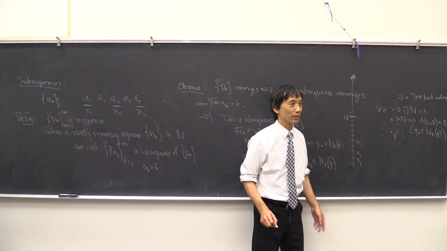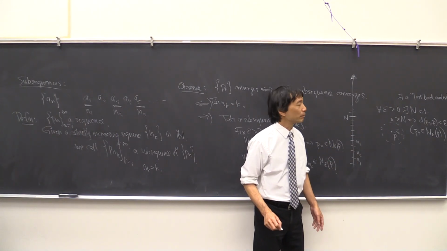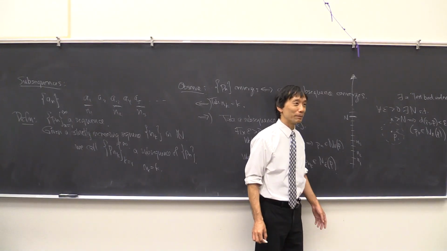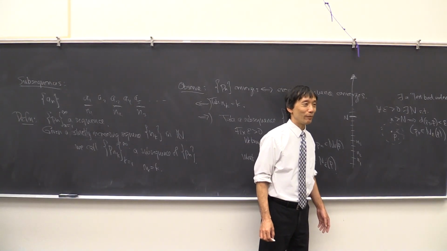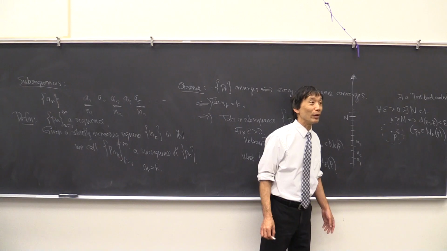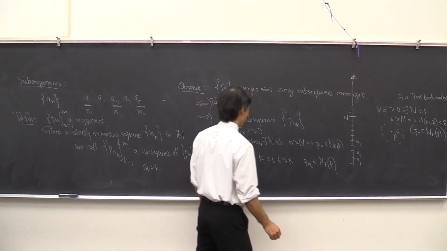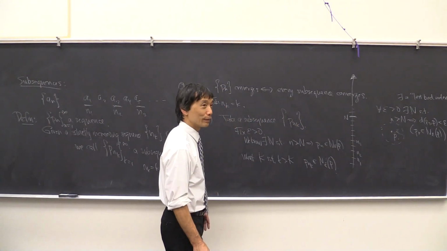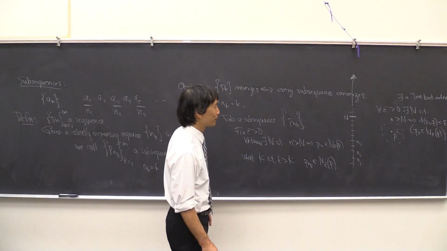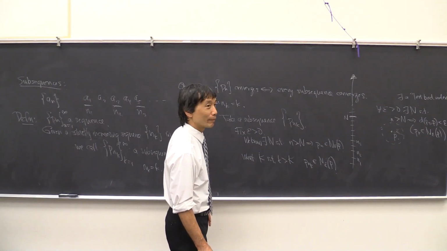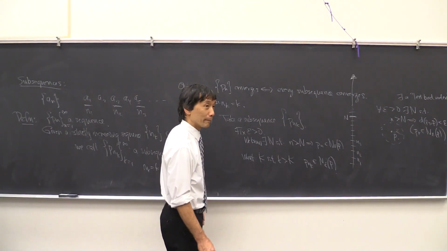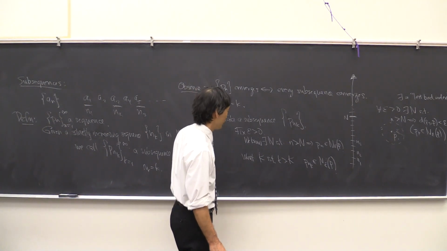I chose k equals n because you said the subsequences are always strictly increasing. Very clever. So that means n sub k should be at least k. And so if k is equal to n, then if we have that k is greater than big K, then n sub k is greater than big N. Very good. And I think we're just done.